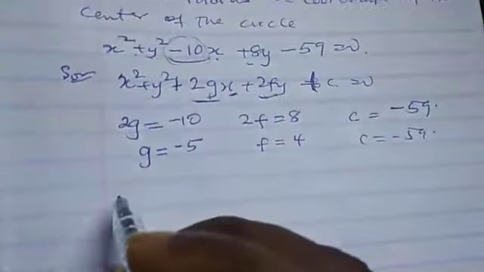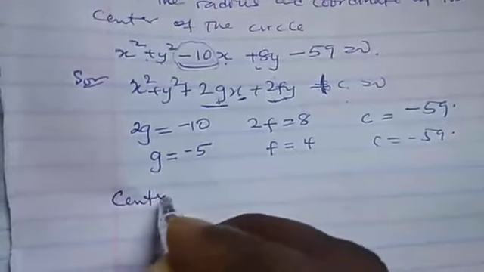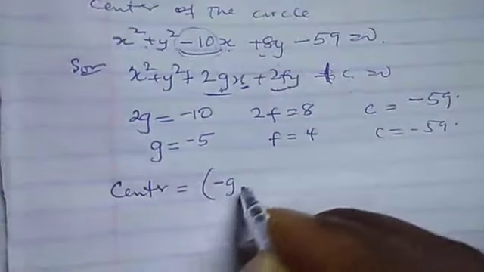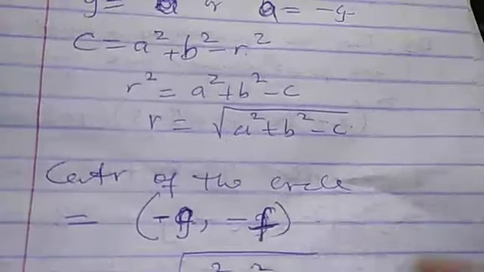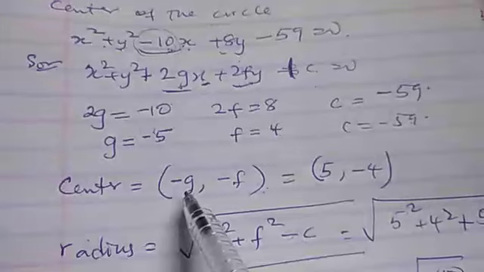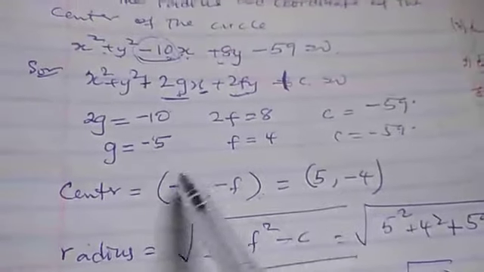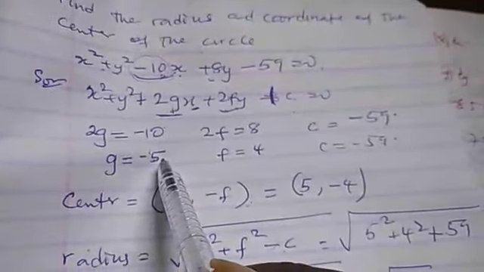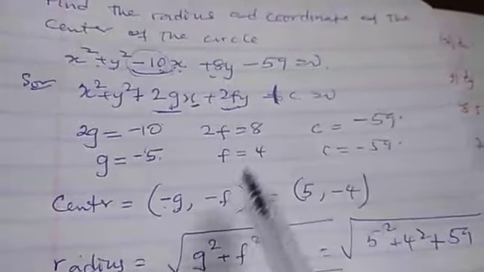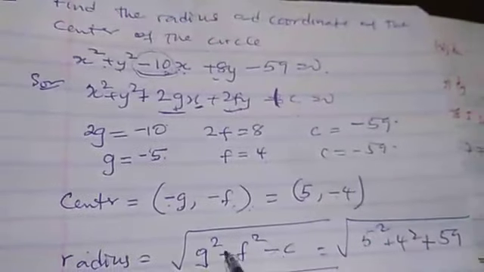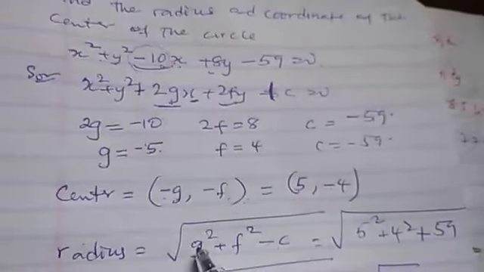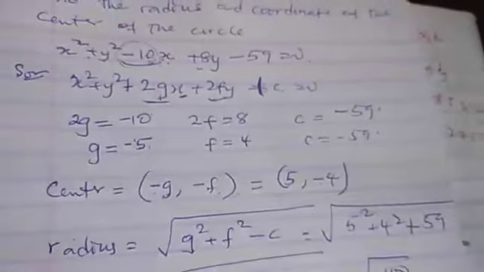Then what is our center? The center we have been given in the formula: minus g comma minus f. Our g is minus 5 already, so minus g will now be 5. Our f is 4, so minus f is minus 4. Then what will be our radius? Our radius is the square root of g square plus f square minus c.